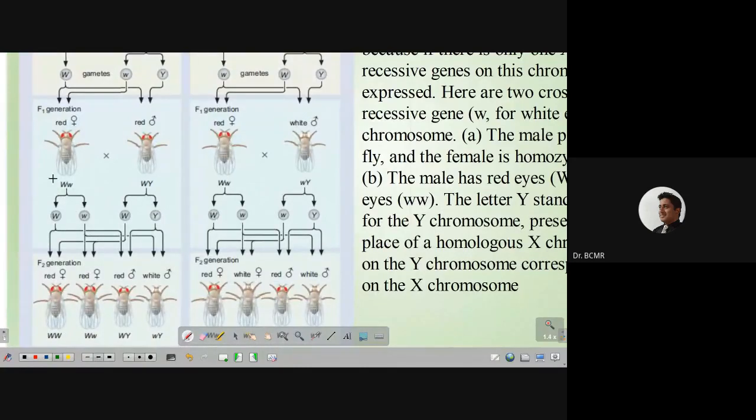So here is X and X, and the male would have X and Y chromosome. As I said, the first thing we should remember is that the X chromosome has the eye color gene.